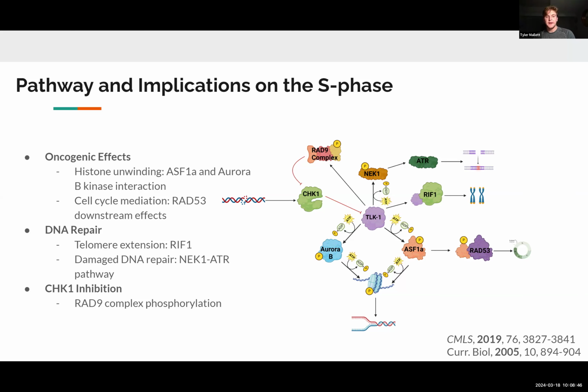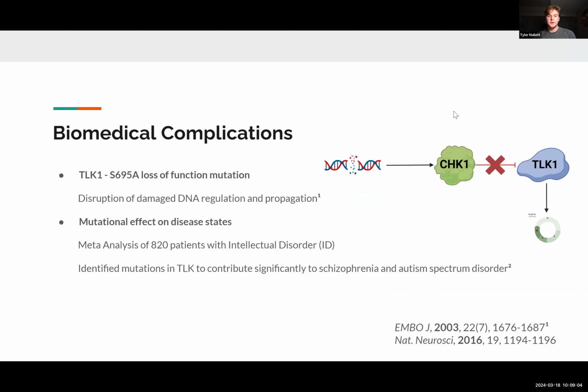And then finally, to prevent the previously mentioned CHK1 inhibition that was discussed briefly on the last slide, TLK1 acts in unison with the RAD9 complex, in complex with RAD1 and HUS1, to regulate the localization and sequestration of CHK1 inhibition.